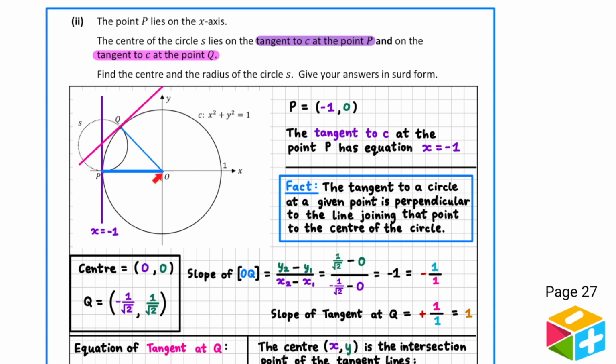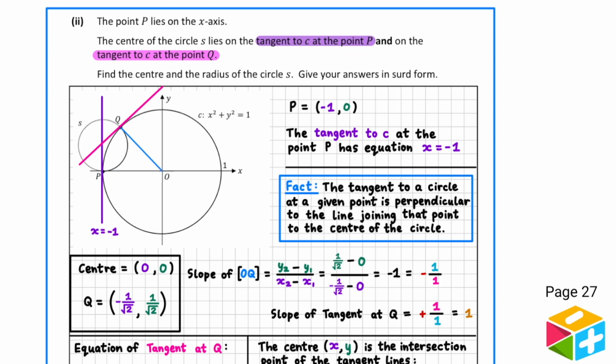Since the line OP is completely horizontal, a perpendicular line will be completely vertical. This means that the tangent line at P will be the vertical line which is drawn at an x value of -1. In other words, the tangent line will have the equation x is equal to -1.